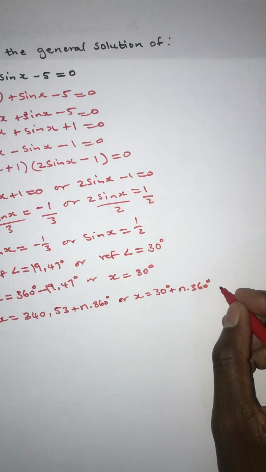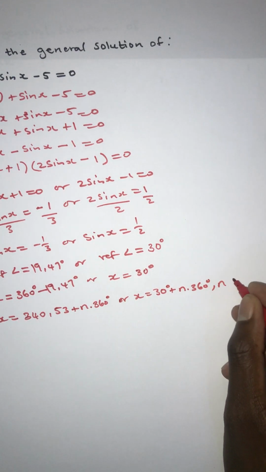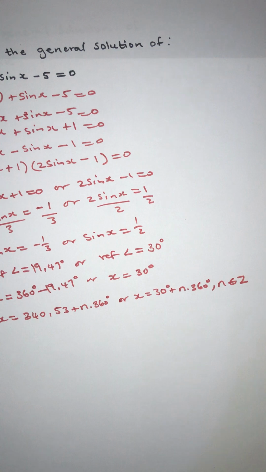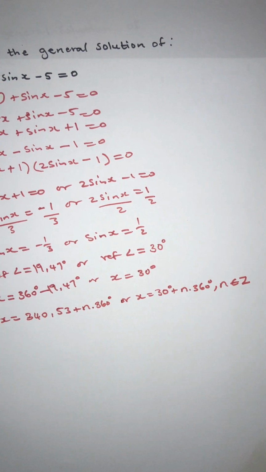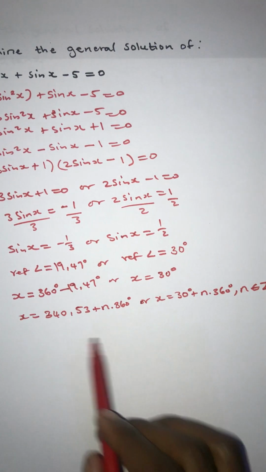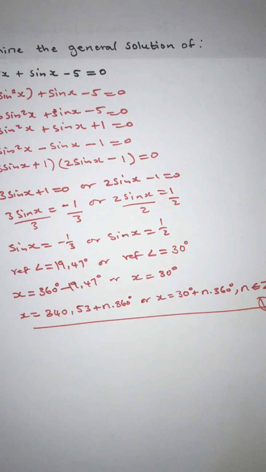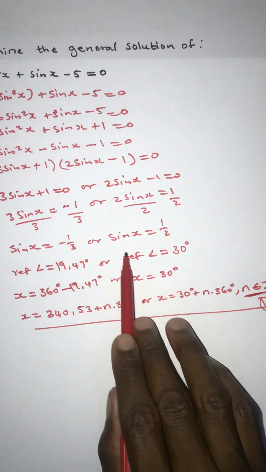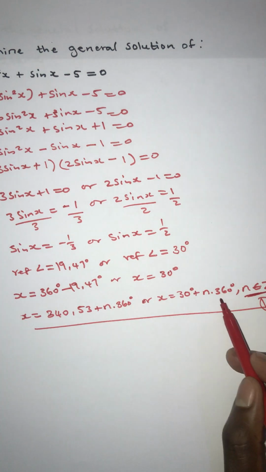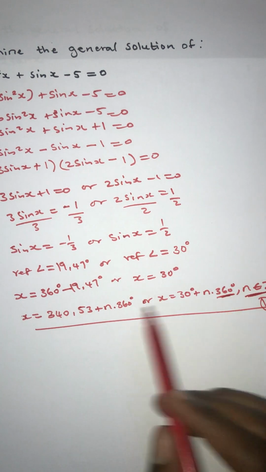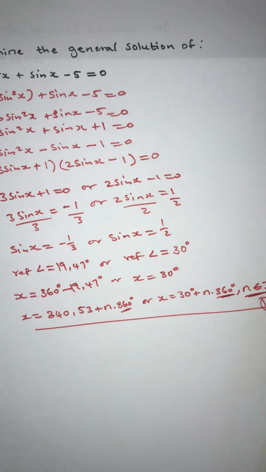Then n is an element of integers. So this is how we do the general solution, and this is our final answer. At the end of your general solution, remember sine ends up at 360 degrees, same as cos, but tan is the different one.